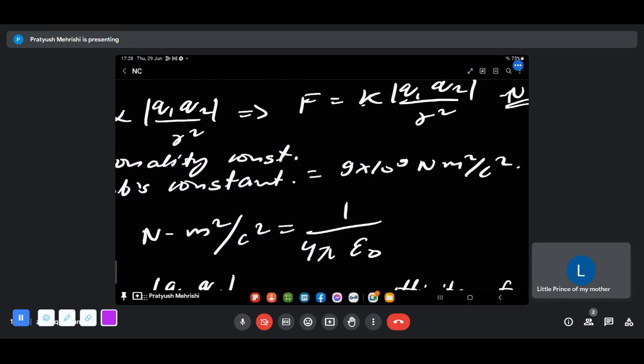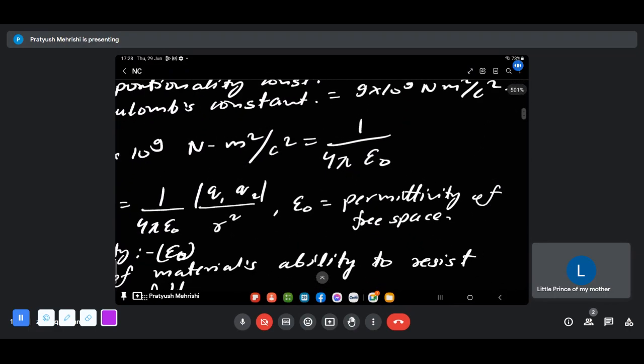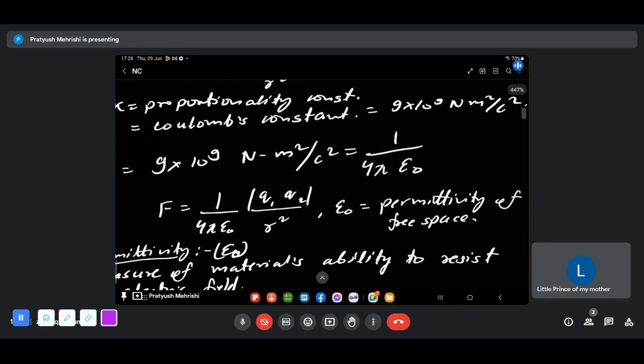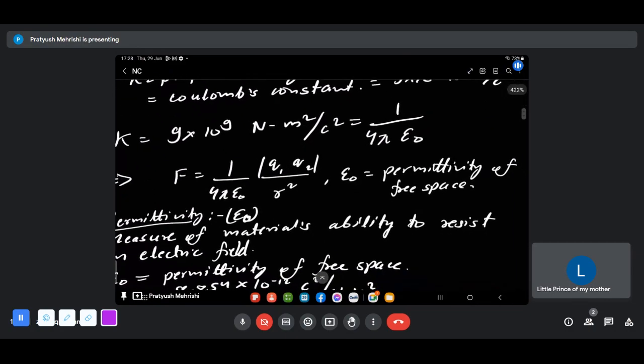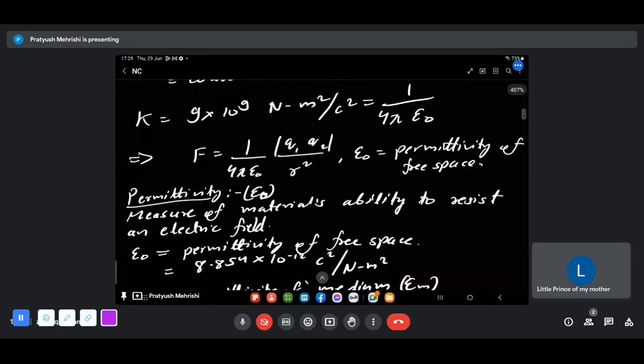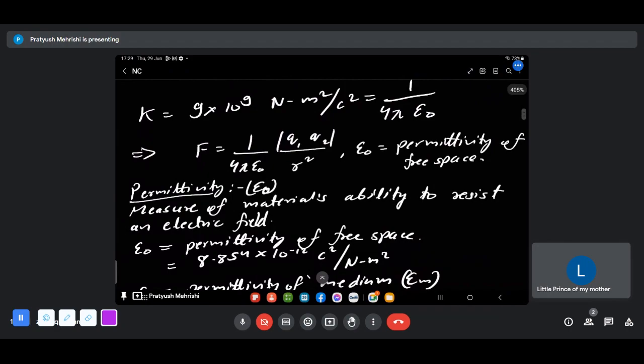Now, what is this permittivity? In 1 upon 4 pi epsilon naught, 4 is constant, pi is constant. Epsilon naught is the permittivity of free space. Permittivity is the measure of a material's ability to permit an electric field.